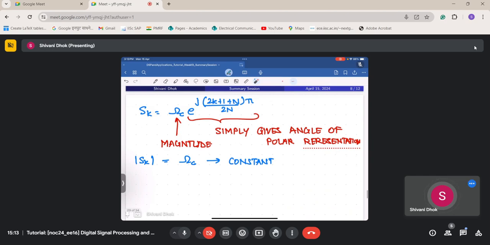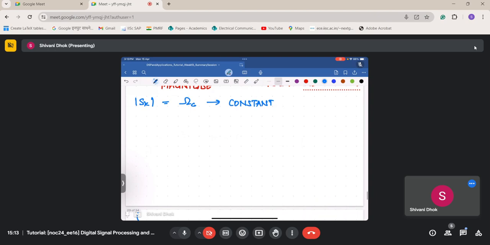So what's happening is this is omega c, and we are just moving around this radius like this.